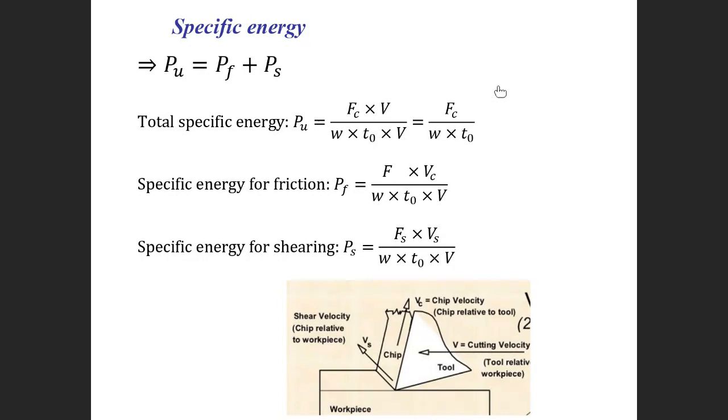From the same equation, the unit power of cutting equals the unit power of friction plus the unit power of shear. The unit power of cutting equals Fc divided by w·t0. The unit power of friction equals Ff·Vc divided by w·t0·V. Here they are not the same: in the first case, in cutting, V equals V, then Fc over w·t0, but here the friction force is multiplied by V chip, the chip velocity, divided by w·t0·V, the cutting speed.